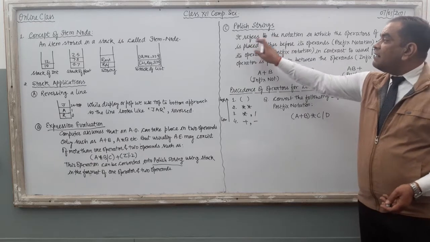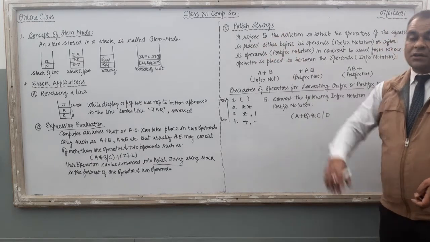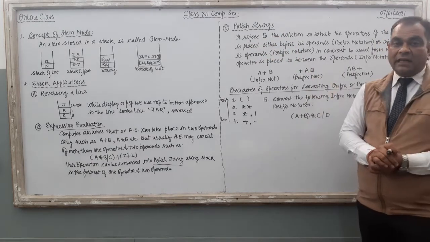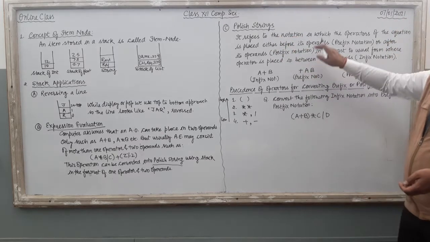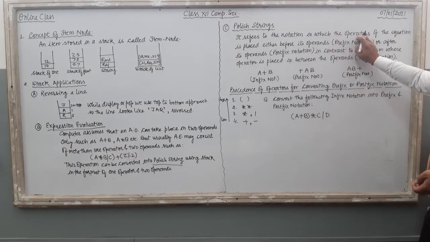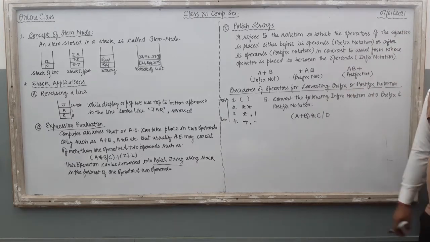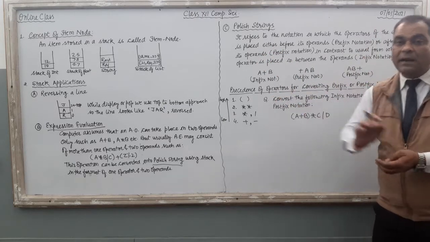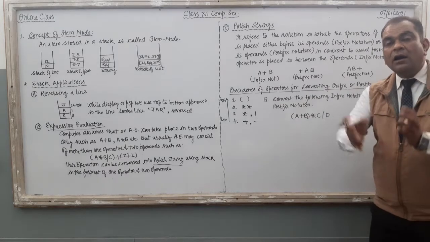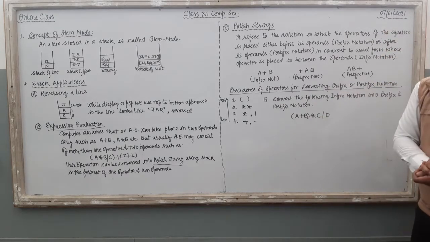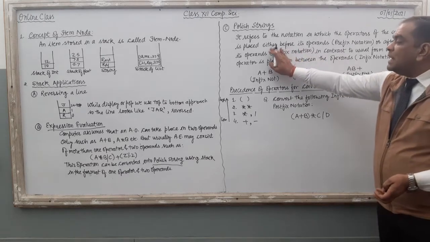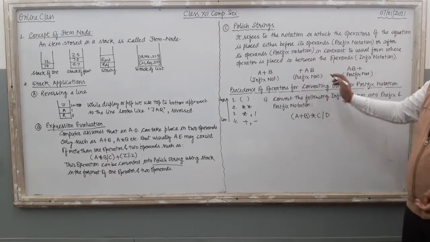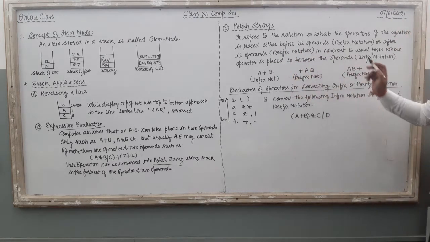Just see. It refers to the notation. Notation means expression, we can say. It refers to the notation in which the operators of the equation are placed either before their operands or after their operands. Right? If the operators are placed before their operands, let's see here. Three examples are there.